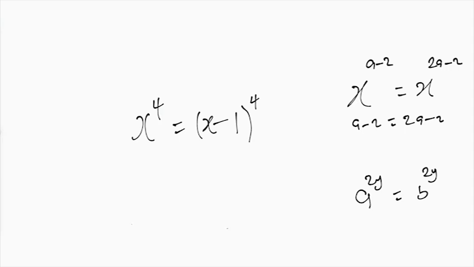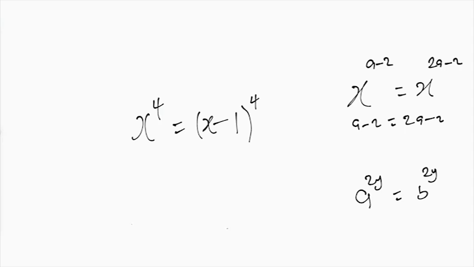But where the problem lies is that if you look at this equation from this perspective, that means your x must be equal to x minus 1. But if you decide to simplify just like that, apart from the fact that you will have just one solution, you might also run into trouble.